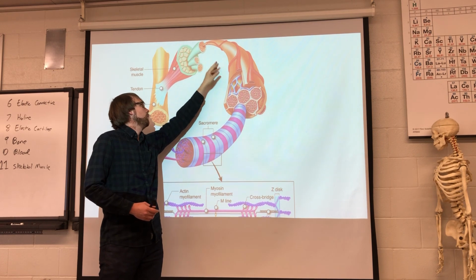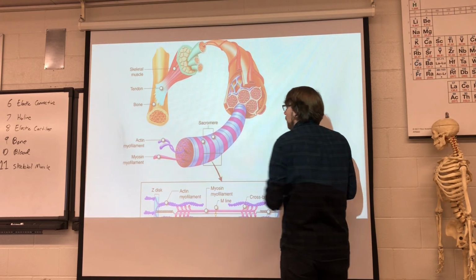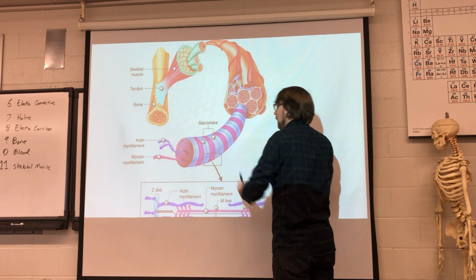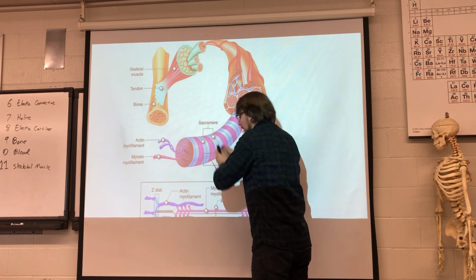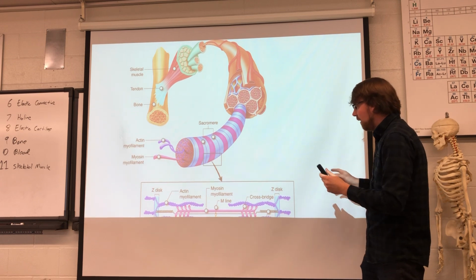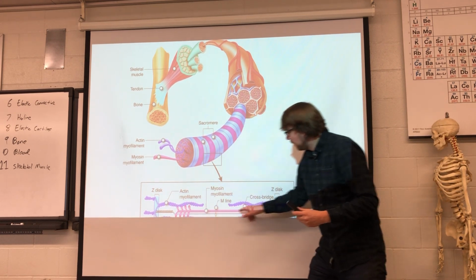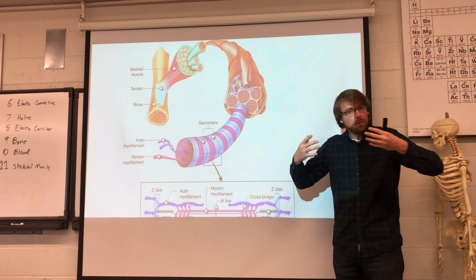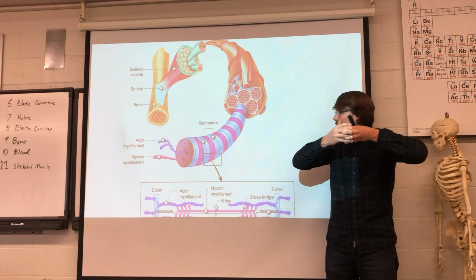Those fascicles are formed of muscle cells. Muscle cells are formed of myofibrils. The myofibrils have a functional unit of the sarcomere. The sarcomere has this layout where there are thin filaments and thick filaments, and those thick filaments and thin filaments can slide past each other to contract.